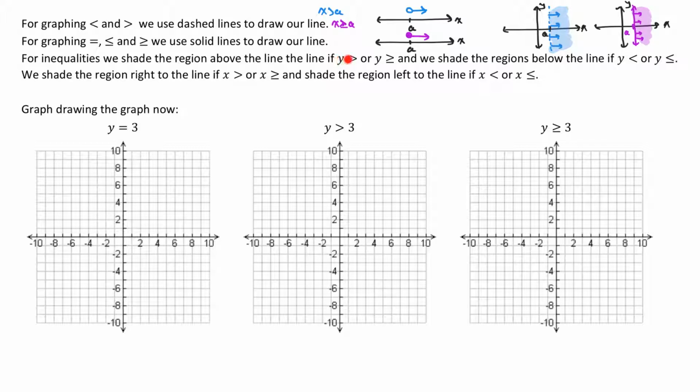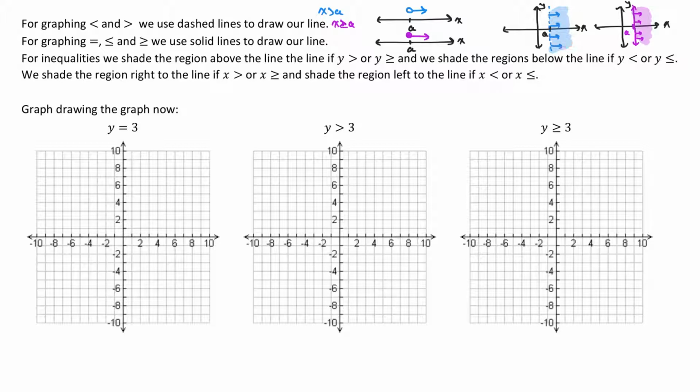If y is larger, or y is larger or equal to, which makes sense because the y-axis goes this way, if a value is larger than y, that means the upper region is shaded, and if it is smaller, the lower region is shaded. We shade regions to the right of the line if x is larger.